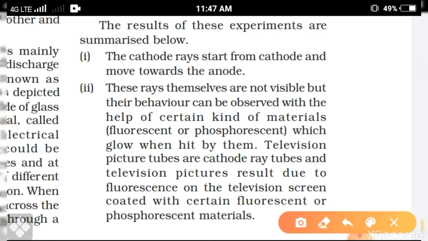The results of this experiment are given. First, the cathode rays start from the cathode and move towards the anode. These rays themselves are not visible, they are invisible, but their behavior can be observed with the help of certain kinds of material, like a fluorescent material, just like zinc sulfide, which glows when hit by them.